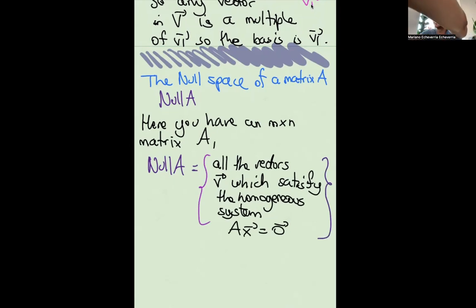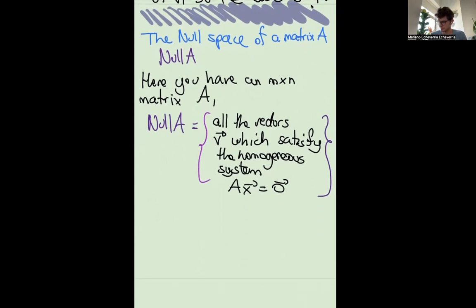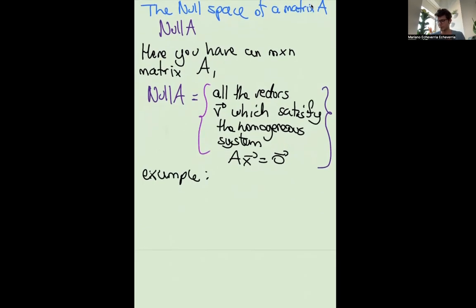Okay. So it's just like, you just look at all the solutions to the homogeneous system. So for example, here are some examples. If the matrix had been, let's do a 3x3 matrix, which we'll discuss in a bit.